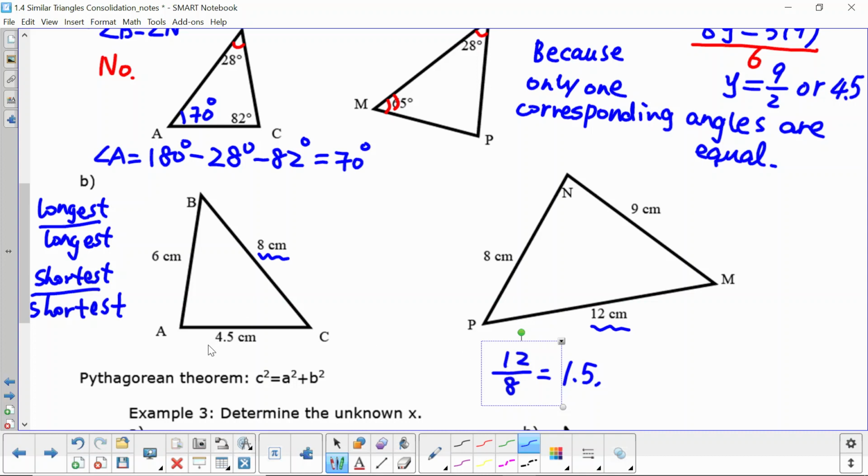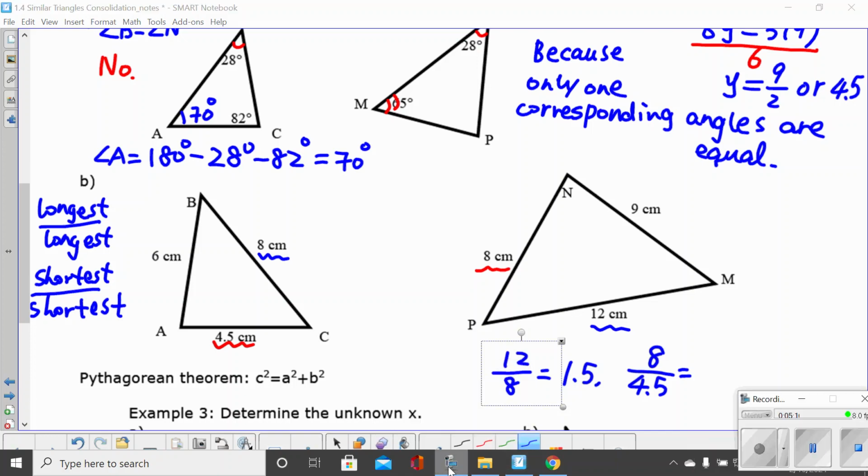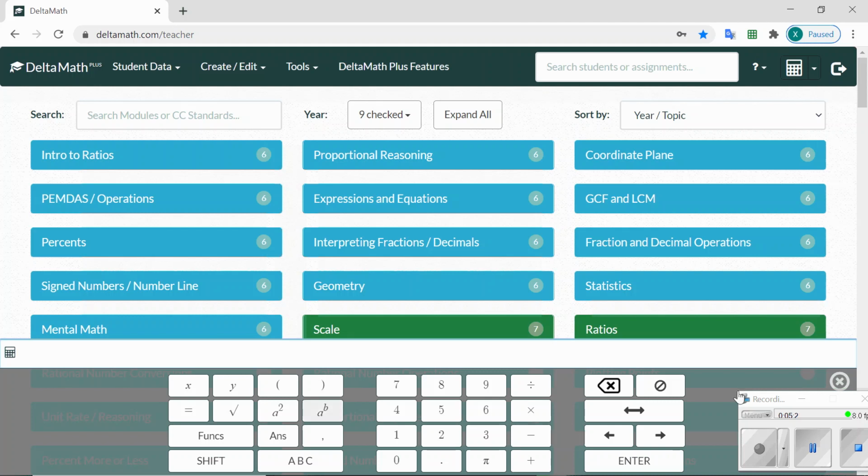Then we are going to find the shortest side. So 4.5 is shortest in this one, 8 is shortest in this one. If you use 12 as numerator, then for the next ratio you must use the side in the same triangle as numerator. So we use 8 at the numerator, then divide by 4.5. So we are going to use the calculator on Desmos.